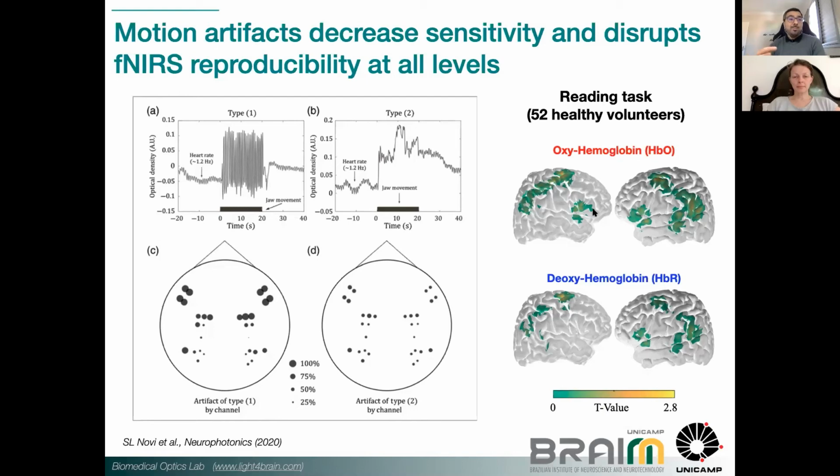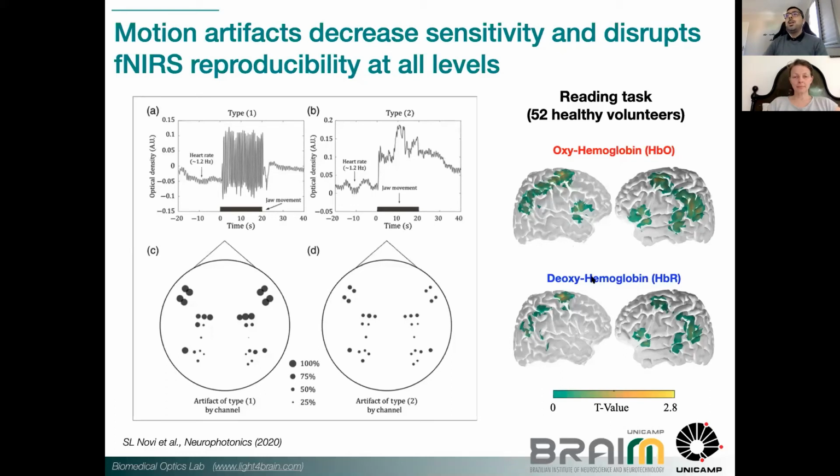By decreasing the power to detect the change due to the function or the task, you are increasing the variability across subjects and within subjects, if you repeat the same task again and again. So this is a group result across over 50 healthy volunteers.